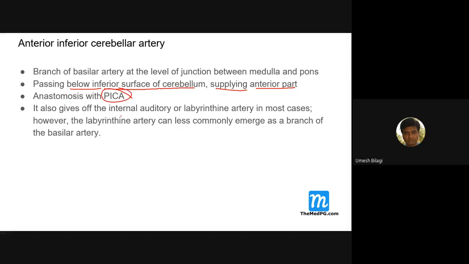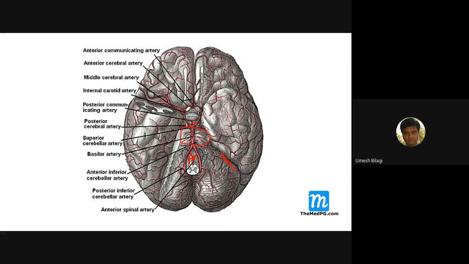It gives rise to this artery. There's a favorite question: labyrinthine. It is a very long artery. This tinnitus and all I read just now, anterior inferior cerebellar artery, is because of this internal auditory artery, the labyrinthine artery. It comes out from the anterior inferior cerebellar artery, which supplies from medially. Where is this?